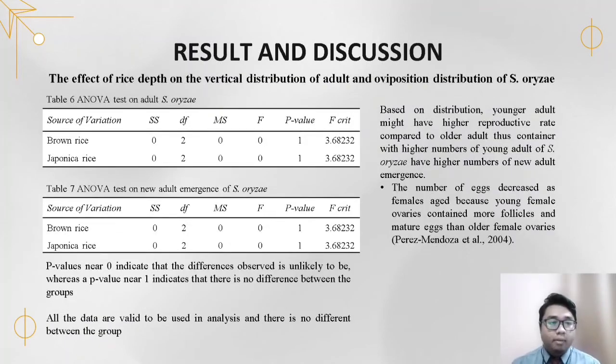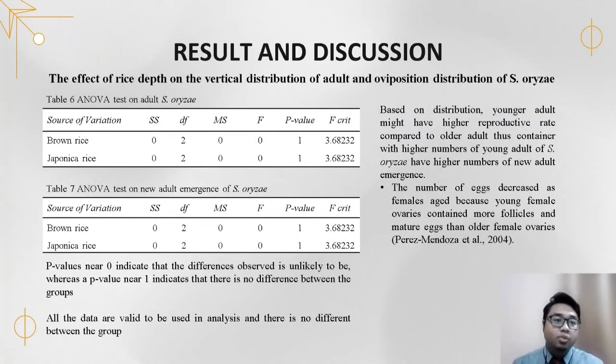And next we have table 6 and table 7 that show the ANOVA test on adult and new adult emergent of SRIZ. For the ANOVA test, we only look at the p-value here, and a p-value near 0 indicates that the difference observed is unlikely to be by chance, whereas a p-value near 1 or equal to 1 indicates that there is no difference between the groups.